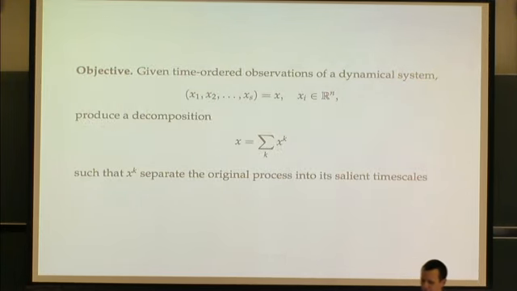Okay, so to begin with, a heuristic picture of what we're trying to do here is that we have a sequence of observations which are being generated from a dynamical system, and we would like to break them up into a set of modes or patterns such that each of these patterns tells us something meaningful or interesting about the signal.